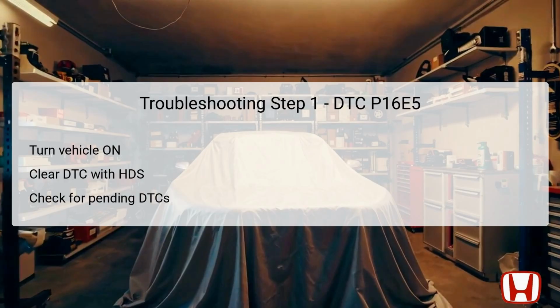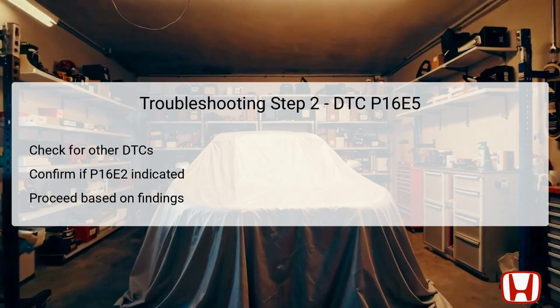This process allows the system to reset and establish a fresh state for diagnostics. Finally, check for any pending or confirmed DTCs using the HDS once more. If P16E5 appears again, further diagnostic steps will be necessary to explore the underlying cause.